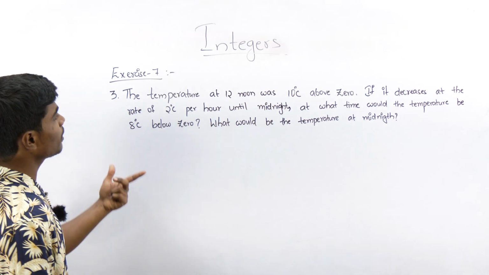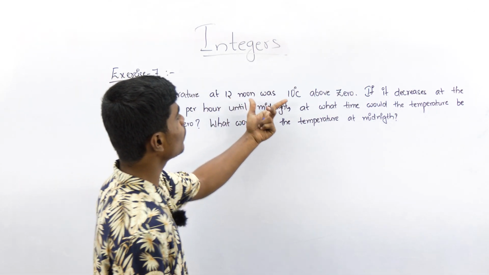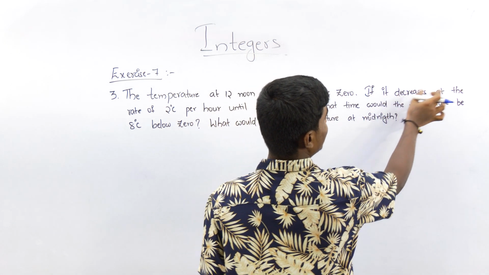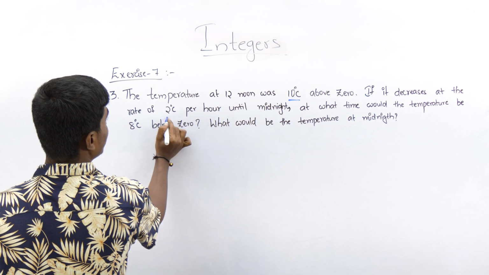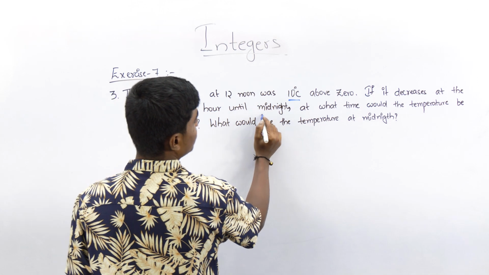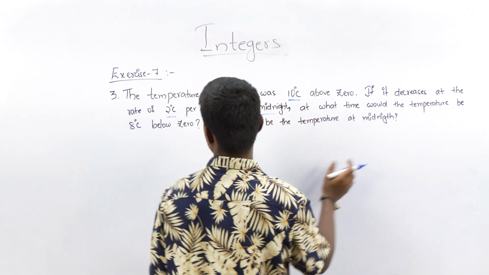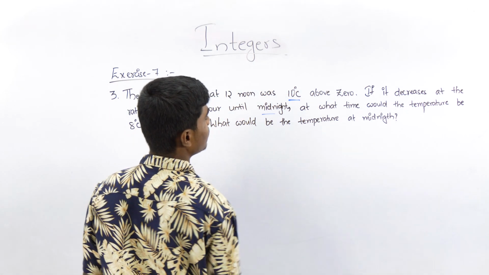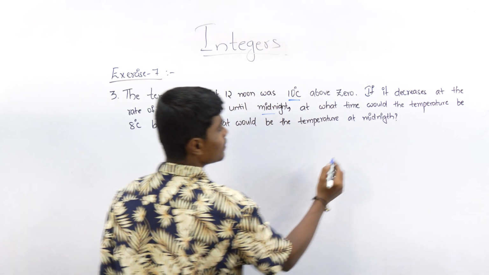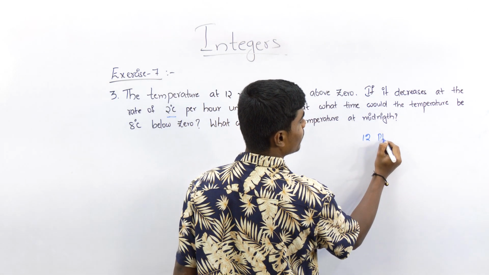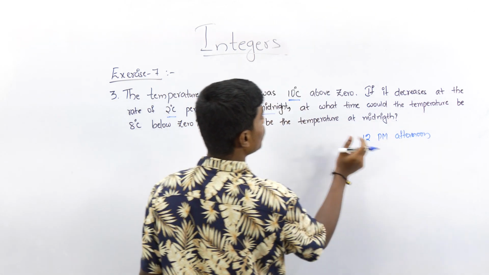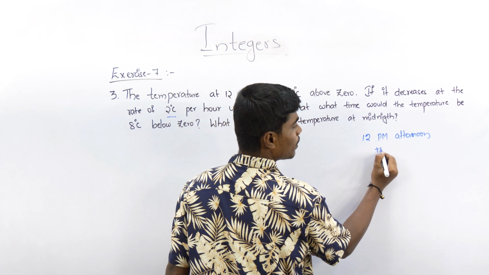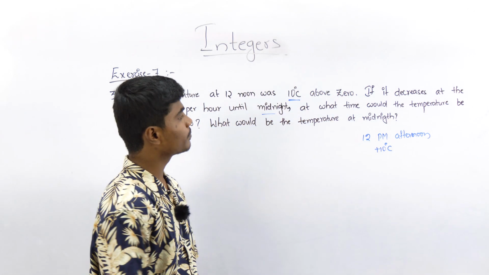Now in the third problem, the temperature at 12 noon was 10 degrees Celsius above 0. If it decreases at the rate of 2 degrees per hour until midnight, at what time would it be 8 degrees below 0? What would be the temperature at midnight? See, 12 noon means 12 p.m., afternoon. The temperature is 10 degrees above 0, so it is plus 10 degrees Celsius.